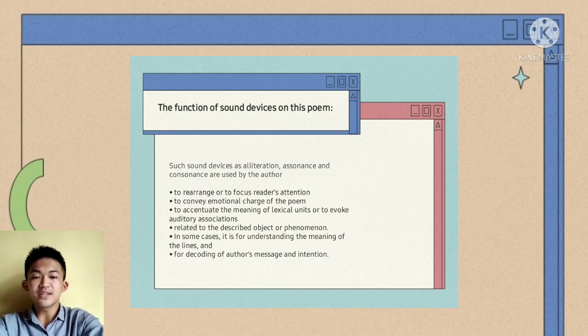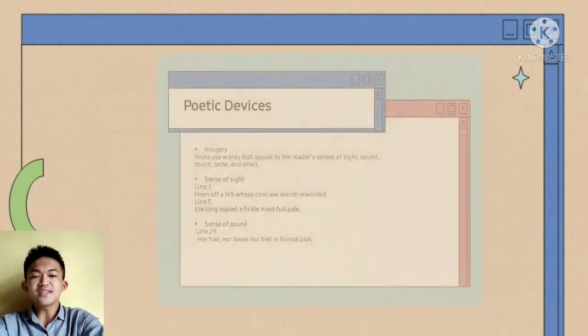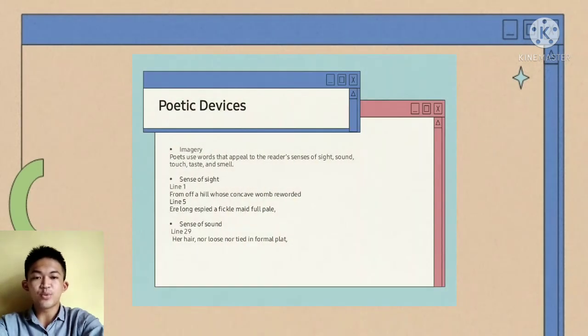In some cases, it helps in understanding the meaning of the lines, and the sound device aids decoding of the author's message and intention. And the last element that we will discuss is poetic device.